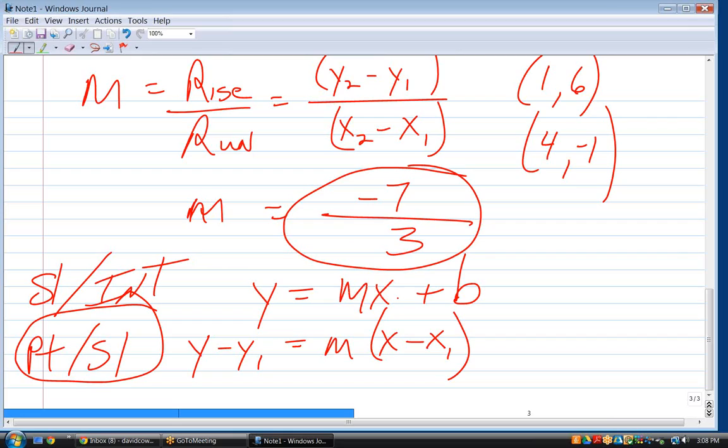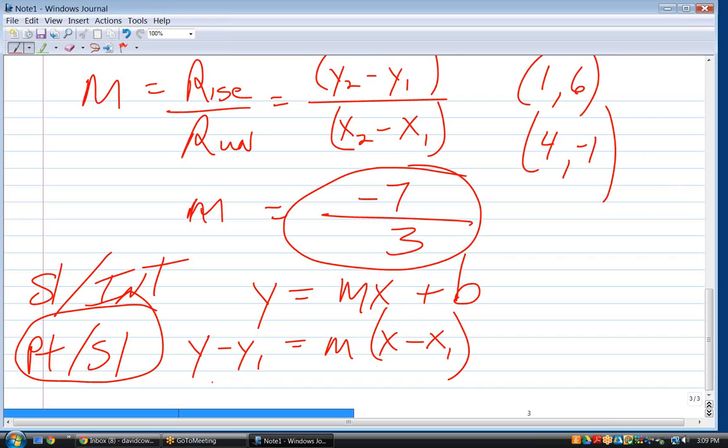Because if we use slope-intercept format, we know the slope, but we don't know what b is. So we would have to plug in one of these points for y and x and solve for b. Whereas if I want to do point-slope format, I can go immediately into point-slope format. Pick one of these points, either one of them, and we'll put it in point-slope format.